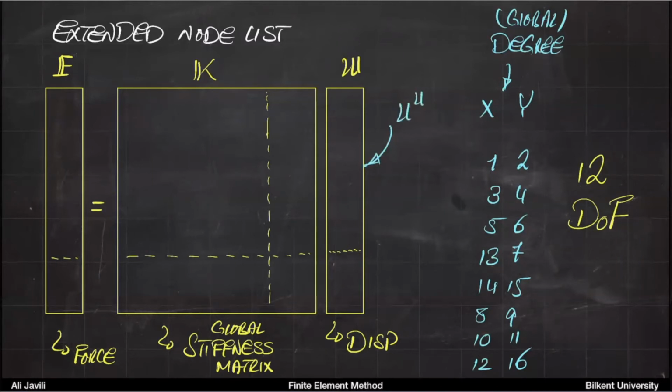So these are the unknown parts of the U, and these are the prescribed parts of the U. And think of their sizes. This is like 12 rows, one column. This is 4 rows, one column. This is 12 by 12.